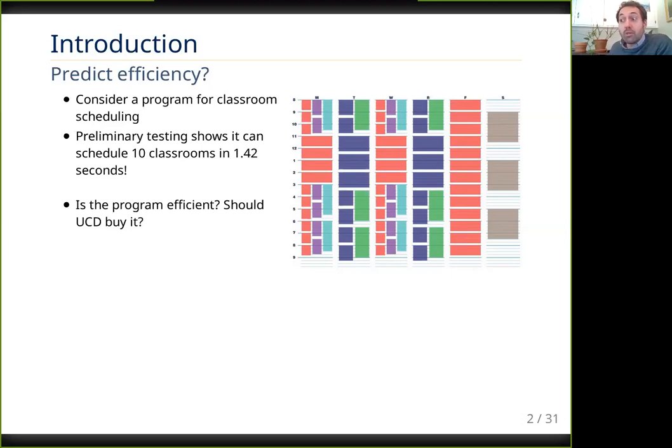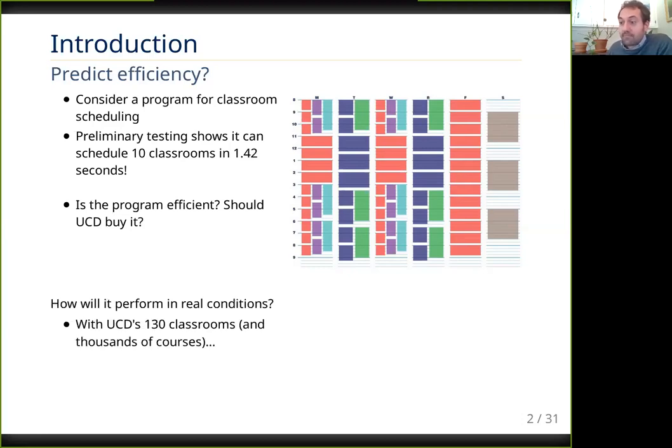For example, here we know that the program takes about 1 second to schedule 10 classrooms. If we're UC Davis, we don't have 10 classrooms, we have way more than that. So that would be a question to be asked, right? So going back to the UC Davis problem, let's see. At UC Davis, we have 130 classrooms. And we also have thousands of courses every quarter to schedule inside of those physical classrooms.